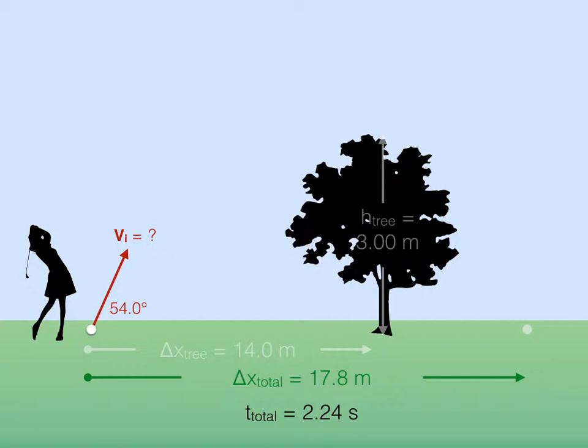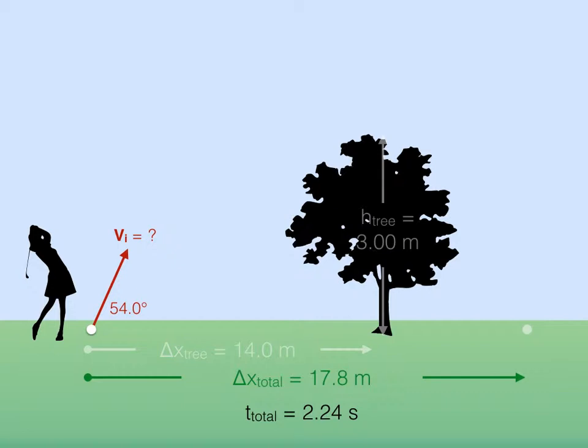Right now, we're going to solve for the initial velocity of the ball, because we don't know it. All we know is the angle it was hit from. But we do have some information about the x direction. We have that displacement in the x direction, 17.8 meters.